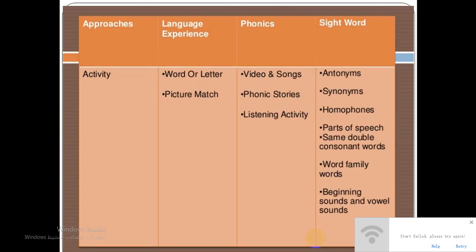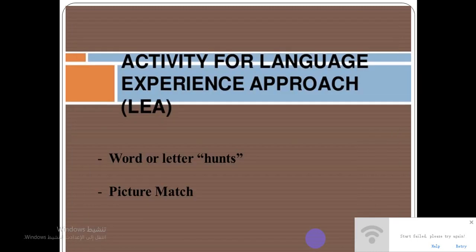The activities, the types of activities for each of these approaches. For language experience: word or letter hunt, picture match, phonics video, phonic stories, listening activity. For sight words: antonyms, synonyms, homophones, etc. Activities for the language experience approach: word or letter hunt.